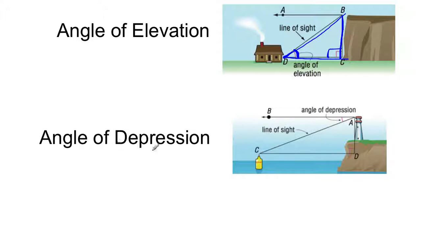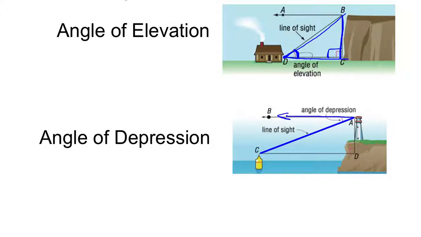So depression means down. Imagine I'm sitting at the top of this lighthouse, and horizontally from my eyes, this is the horizon. Now, instead of looking up, I'm going to look down, straight down at this buoy.